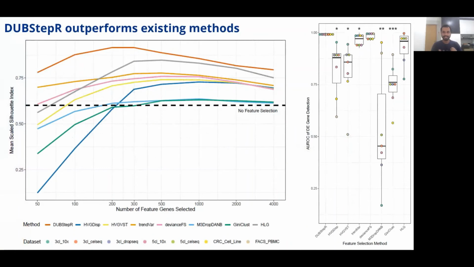In terms of both silhouette index and AUROC, we found that DUBStepR does outperform the existing methods. However, the second best performing method in the case of silhouette index is the high loading genes method based on PCA, while in the context of DE gene detection, it's the new state-of-the-art deviance-based feature selection.